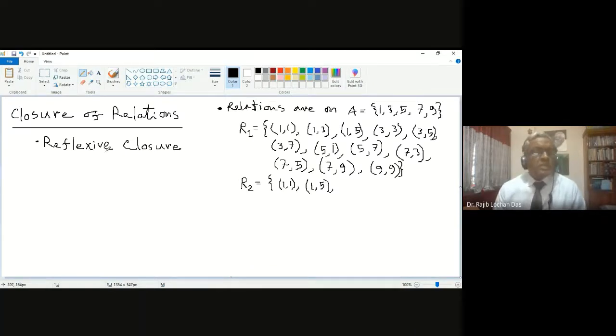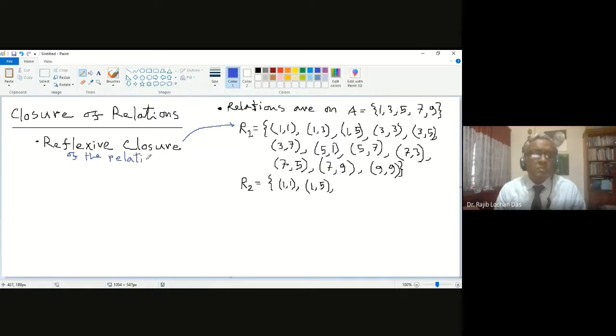So the reflexive closure will come to make the relation a reflexive relation. What are the elements missing? So you will say, reflexive closure of the relation R1.